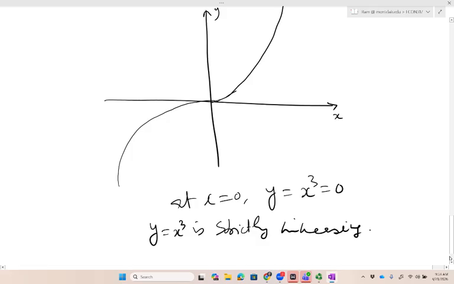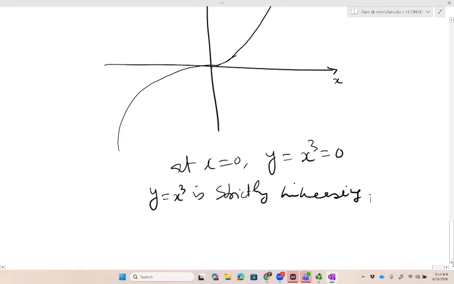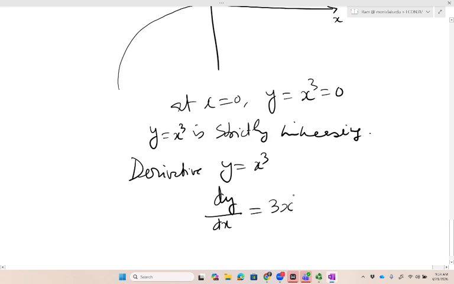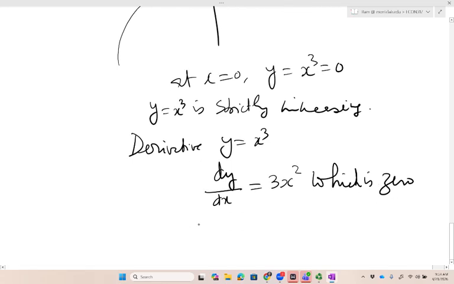Okay. And I want to see whether it has derivative equal to 0 at some point. So let's find out the derivative. y equal to x cube, so dy over dx is equal to 3x square, which is 0 at x equal to 0.